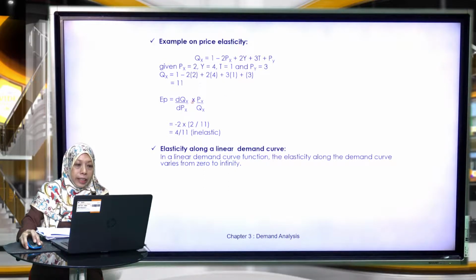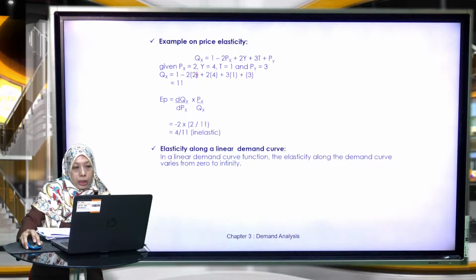So when you find dQ/dPx, you're going to get -2. As for Px, it is already given, it is equal to 2. That's why we have 2 here. And in terms of Qx, as you can see, it is not given, but since you have the demand function and the values for each of your independent variables, you can definitely find the value of Qx simply by substituting all these values into the equation.